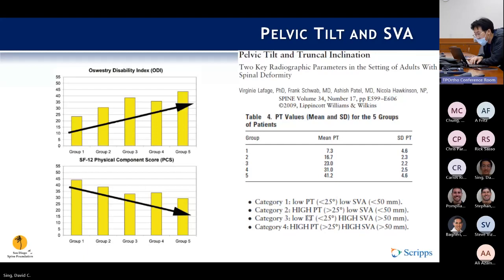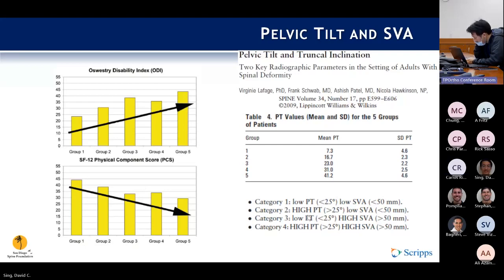Pelvic tilt then started to gain more traction as an important parameter in 2009. This paper was published by Lafage. It was 125 adult spinal deformity patients. All of them had radiographs measured, and they tried to correlate this with ODI, SF12, SRS, and see what measurements seemed to correlate well.